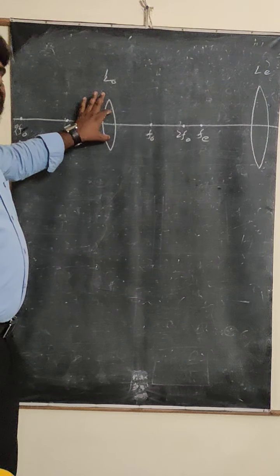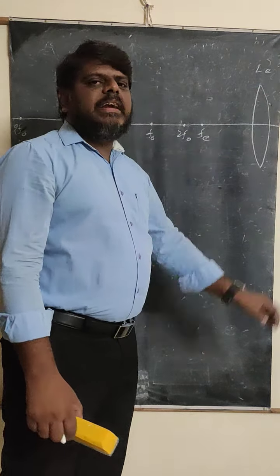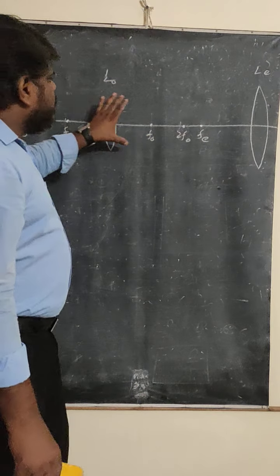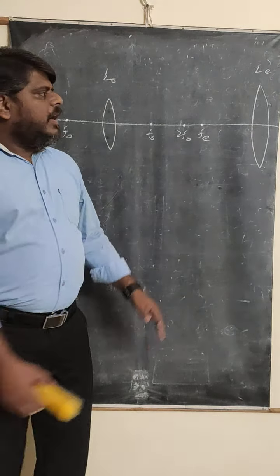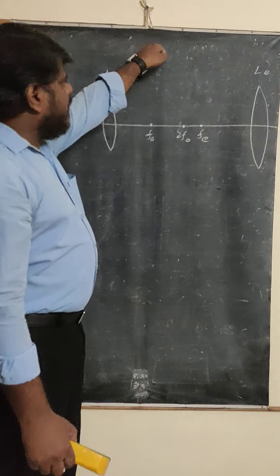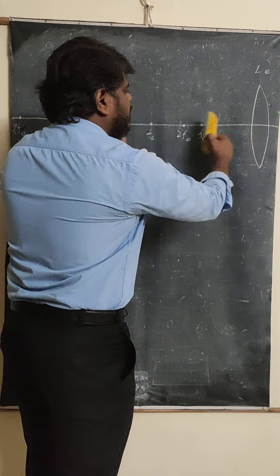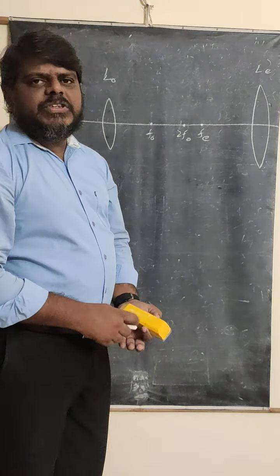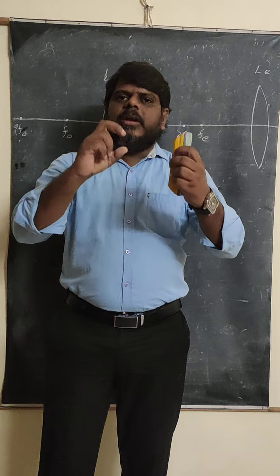The small focal length lens works as the objective lens. The large focal length lens acts as the eye lens. These two are arranged in coaxial cylindrical tubes. When the rack and pinion screw is used, the distance between the lenses decreases or increases. I think all of you have seen binoculars also. In binoculars, a screw is provided in the middle.